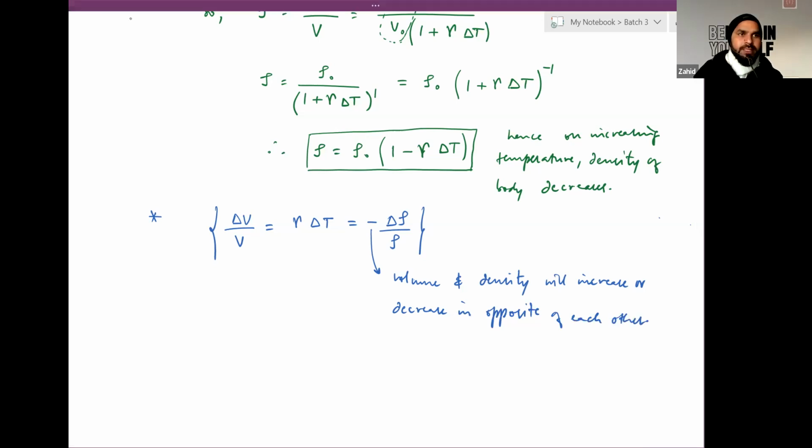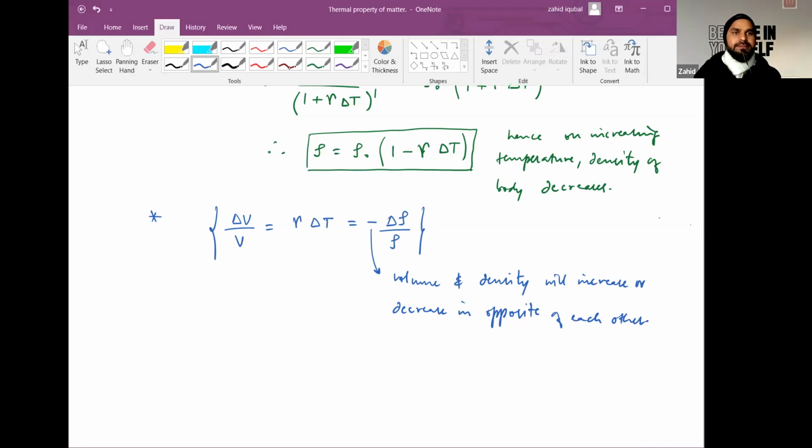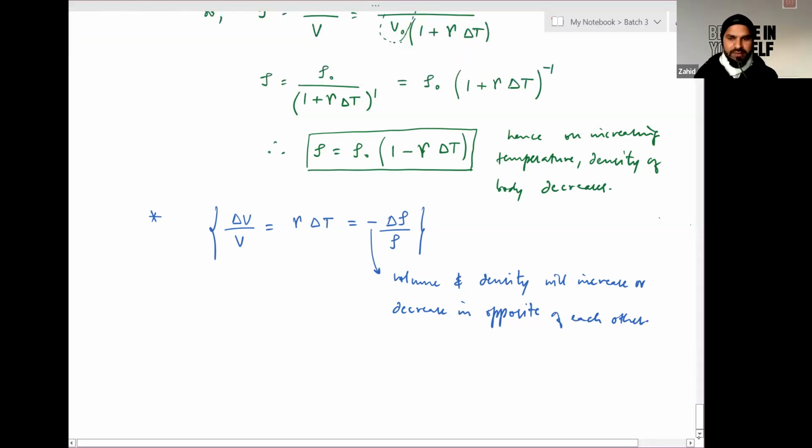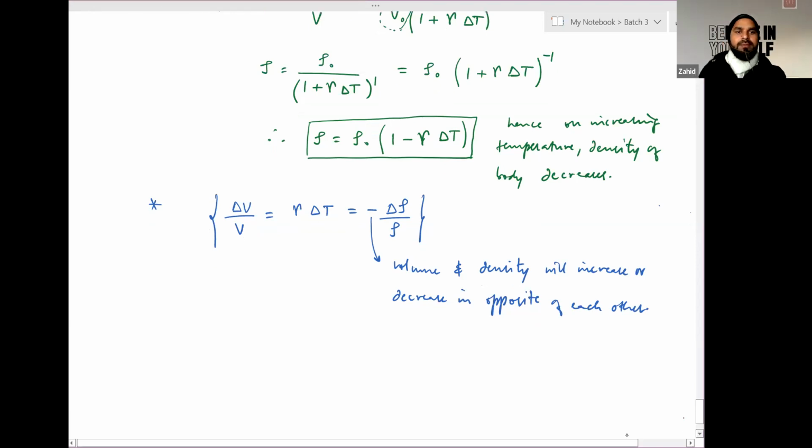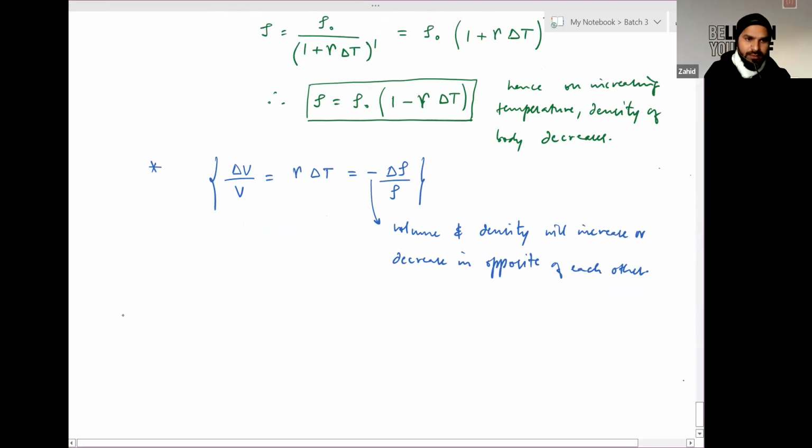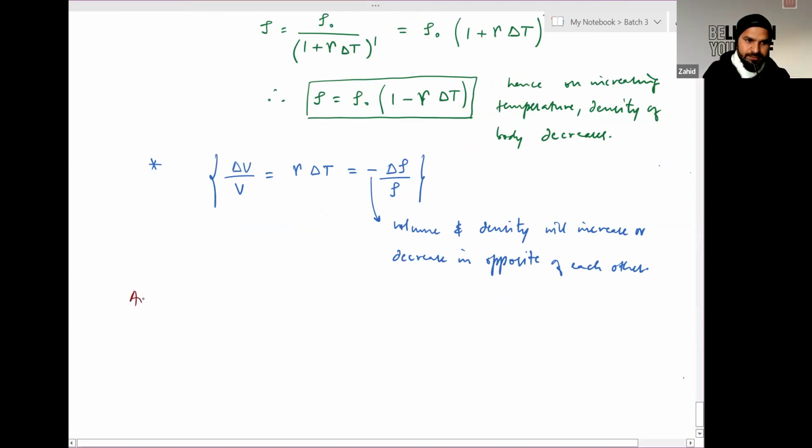But there will be some exception for this particular formula in the case of water. Let me define it for you, which is called the anomalous behavior of water.